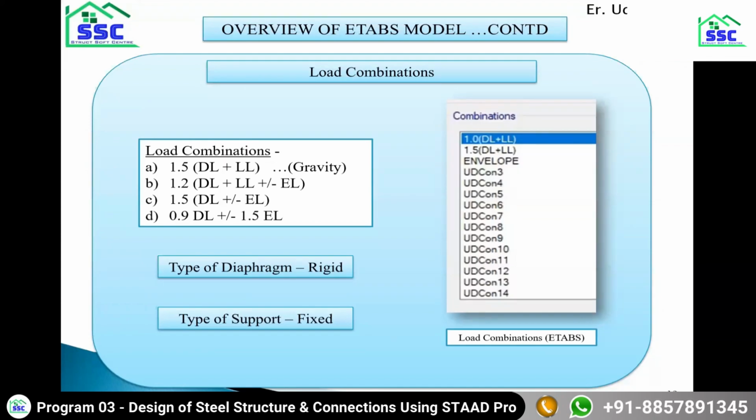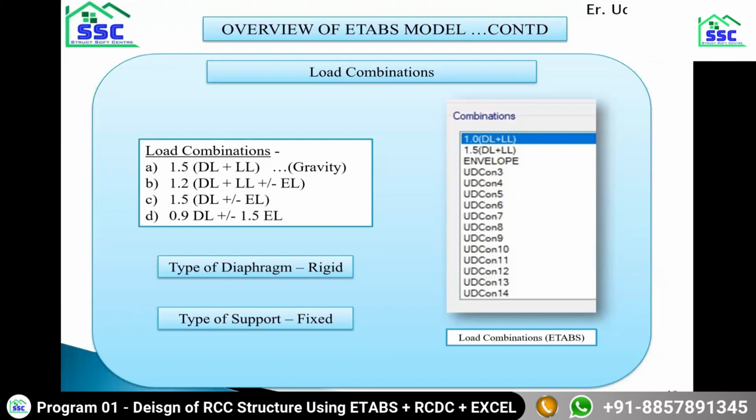We have used the basic load combinations that are given in IS 1893. The first combination is 1.5 dead load plus live load, which is used for gravity design. The next combinations are due to the introduction of earthquake load, which are 1.2 dead load plus live load plus or minus earthquake load.